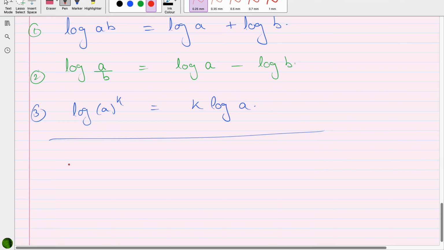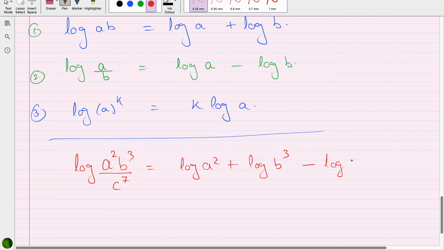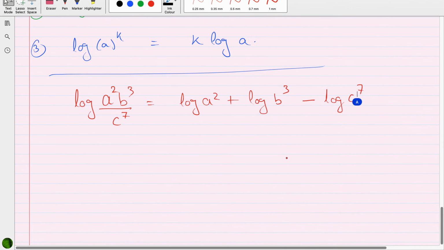So, a quick practice example: if we write log of A squared B cubed over C to the 7, we can split them as log A squared plus log B cubed minus log C to the 7, and the next step would be 2 log A plus 3 log B minus 7 log C.